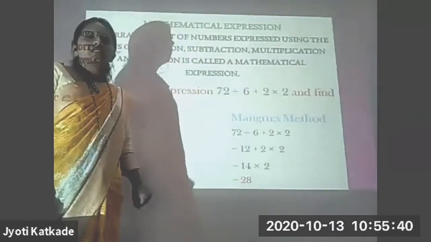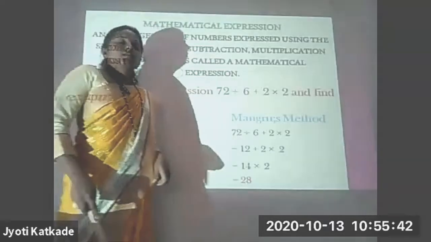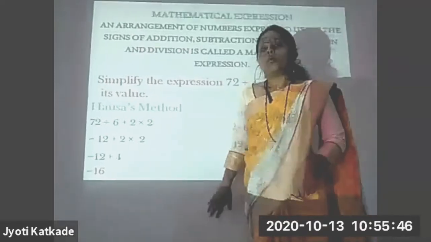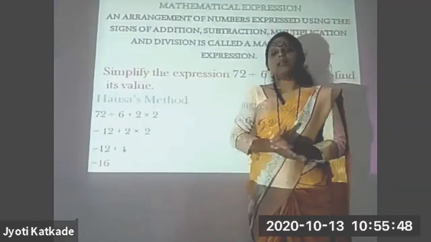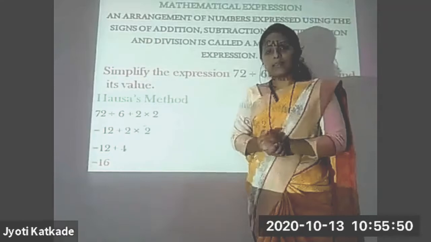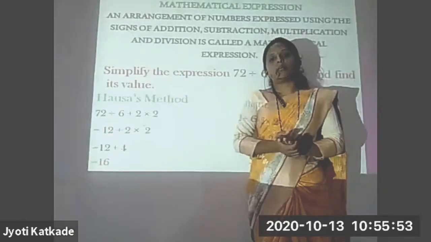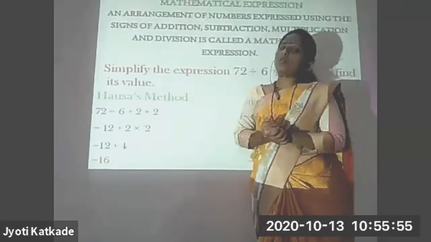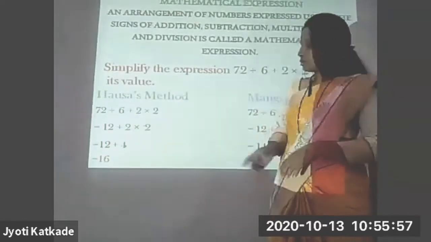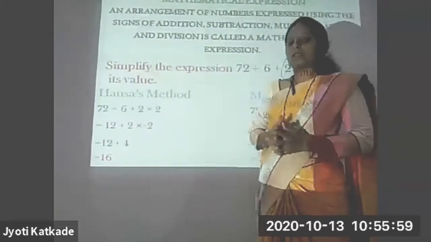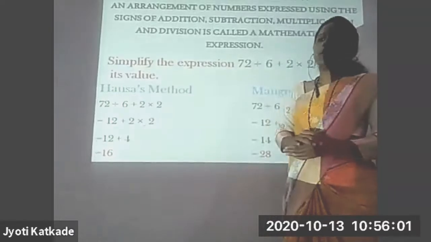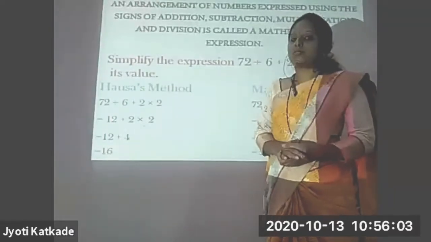That is 28 and 16. Okay. To prevent this, some rules are defined to solve this example. Okay. Then which rules are there to solve this example?